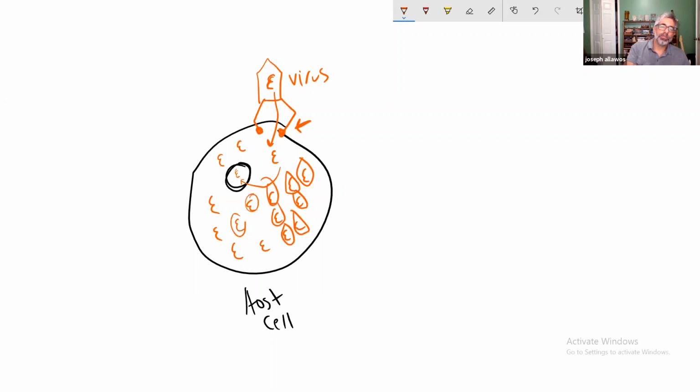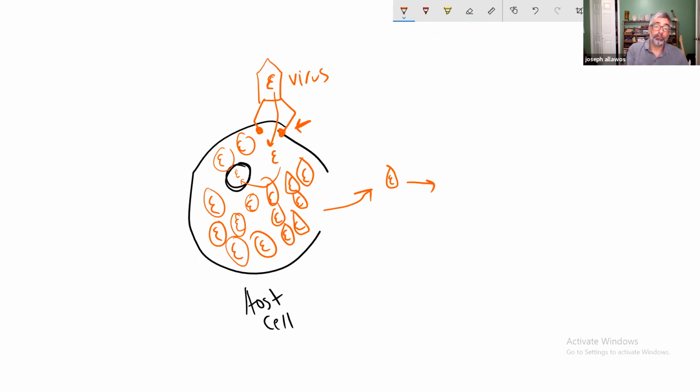At this point, how's this host cell doing? Well, it's not doing so great, right? It's now swollen with viral particles. Lysis occurs, it splits open, and out they come. And where are they going? To infect another host, right?